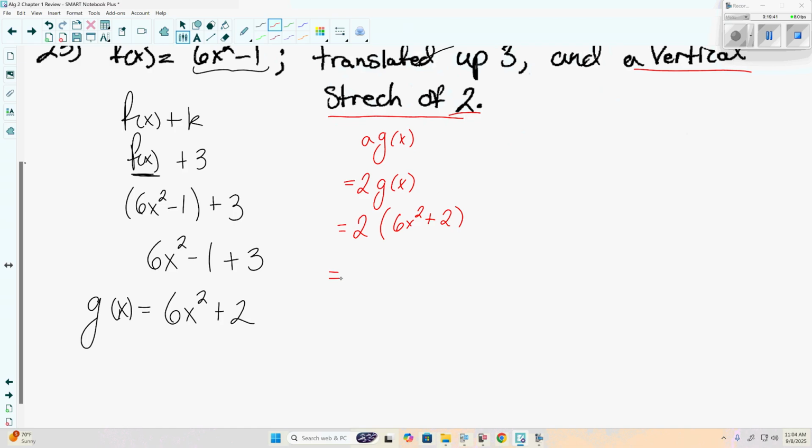Last thing we need to do is distribute the 2. So our 2 times 6x squared would be 12x squared, and our 2 times 2 is plus 4. And we can call this h of x. It really doesn't matter what we call it. But our final function for this here is going to be 12x squared plus 4. Question on number 25?